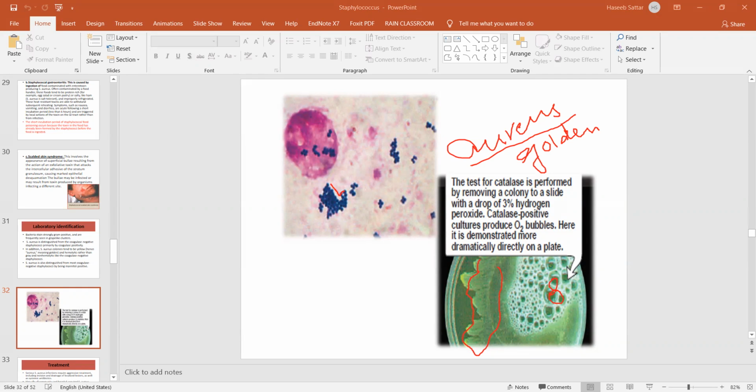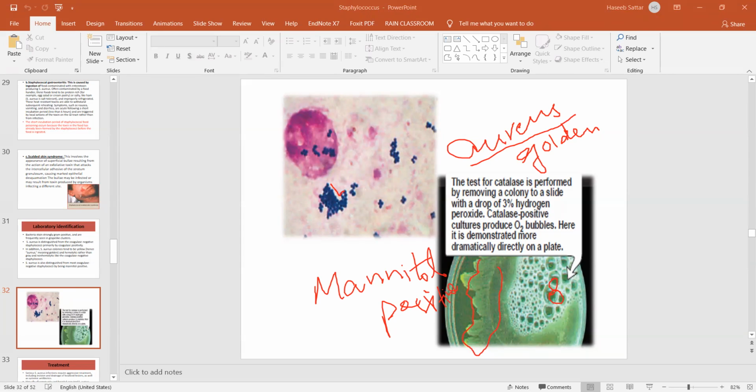This bacteria is hemolytic, and it can show a mannitol positive result. It is also a mannitol positive bacteria. So these are the differentiating points between this bacteria and other bacteria.